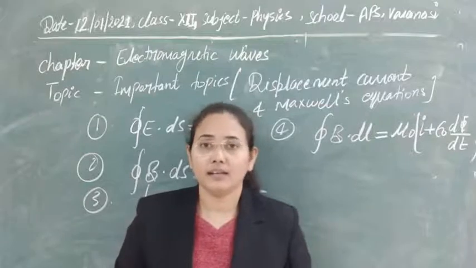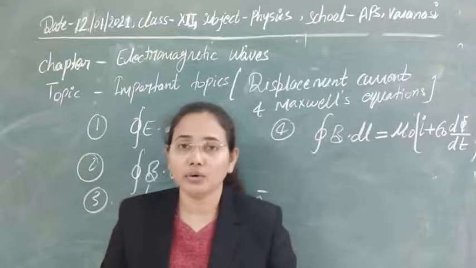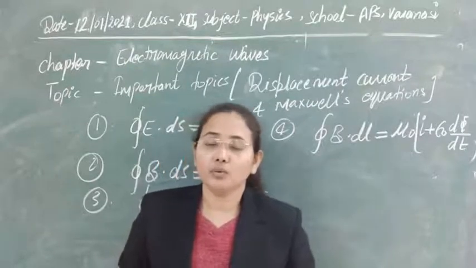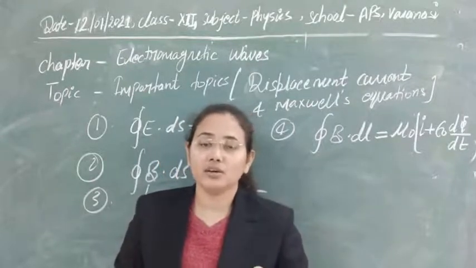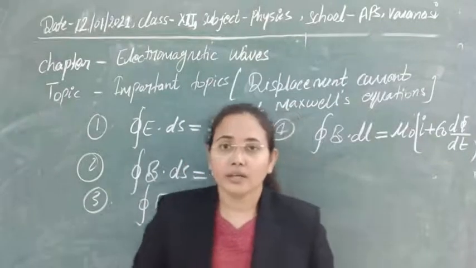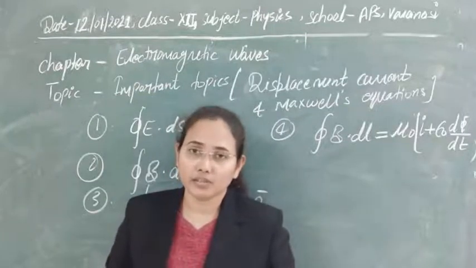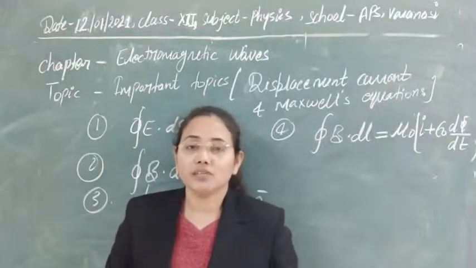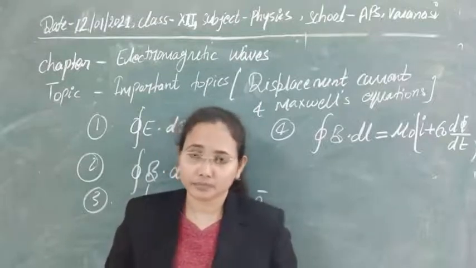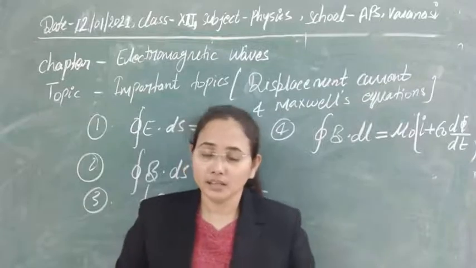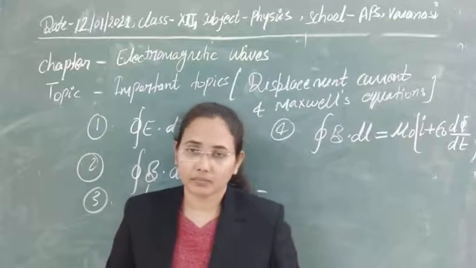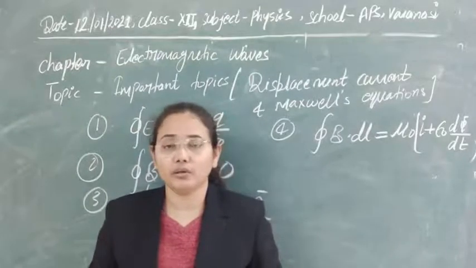As they show radiation property, they simply propagate from one point to another without needing a medium. Third, they travel in free space with a velocity equal to the velocity of light, 3 × 10^8 meters per second. All electromagnetic waves have the same velocity whenever they propagate through vacuum or free space.